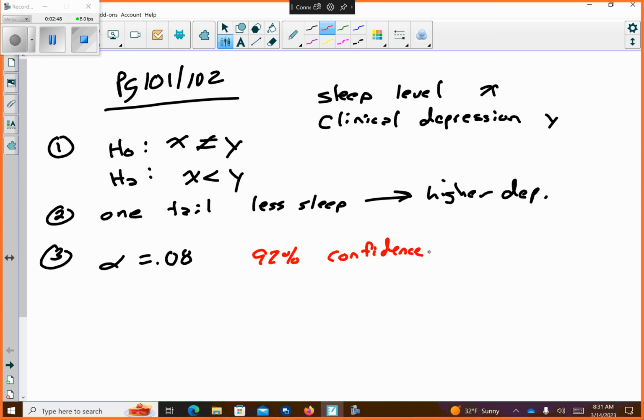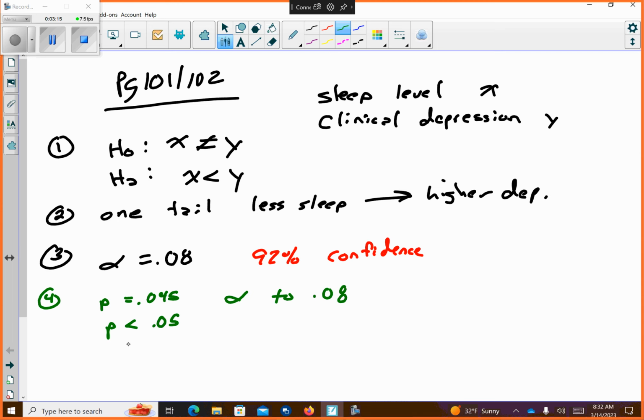All right? And then number 4, they say we have a p-value which is equal to 0.042 and set the alpha to 0.08. Okay, so this p-value is less than our original 0.05.